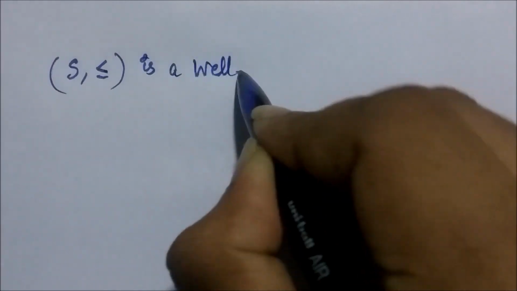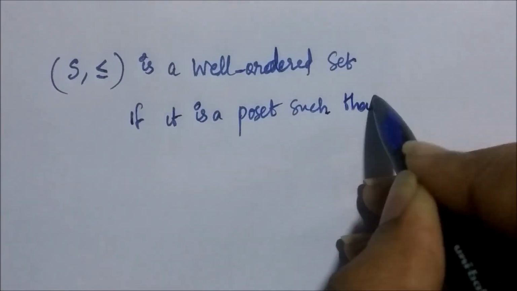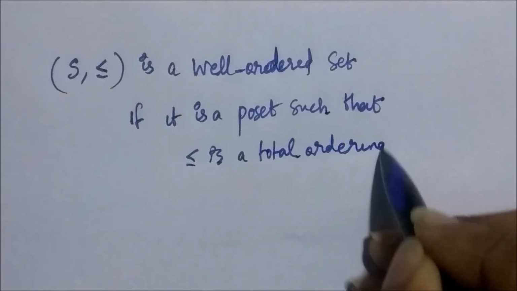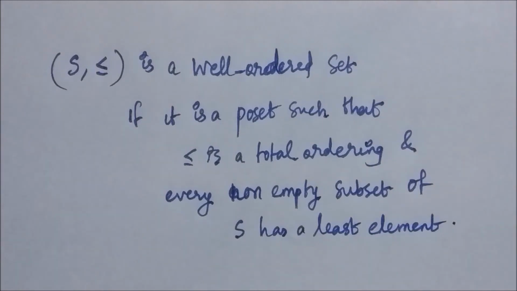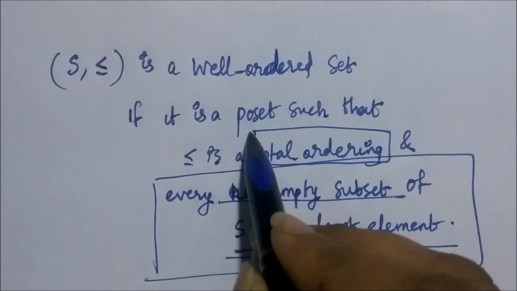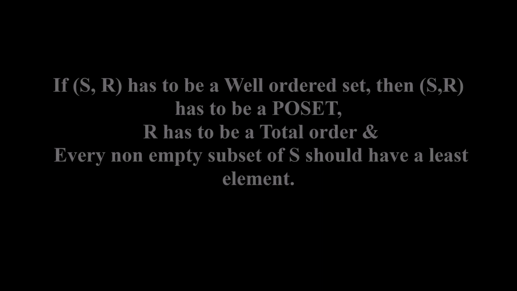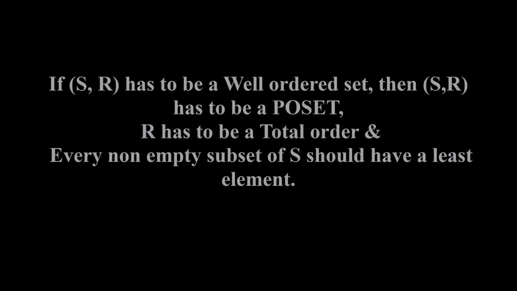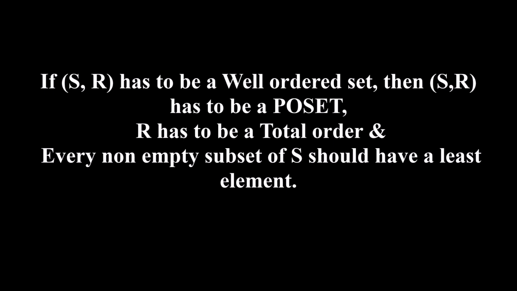Now, (S, ≤) is a well-ordered set if it is a poset such that less than or equal to is a total ordering and every non-empty subset of S has a least element. So, if the set S together with the relation R has to be a well-ordered set, then it has to be the case that S together with R is a partially ordered set such that the relation R is a total ordering.